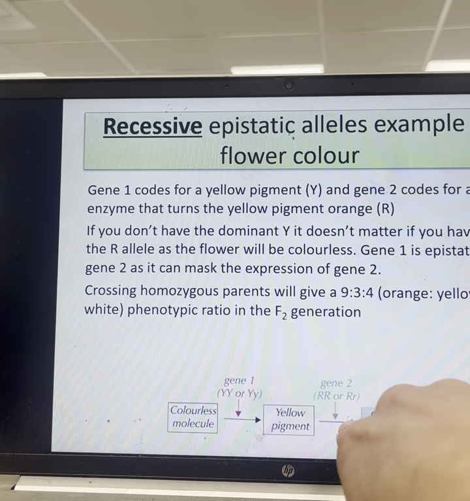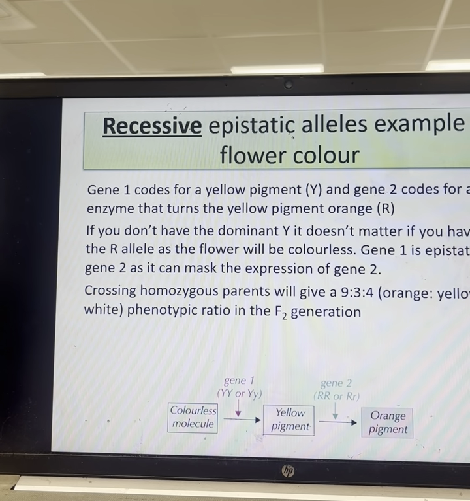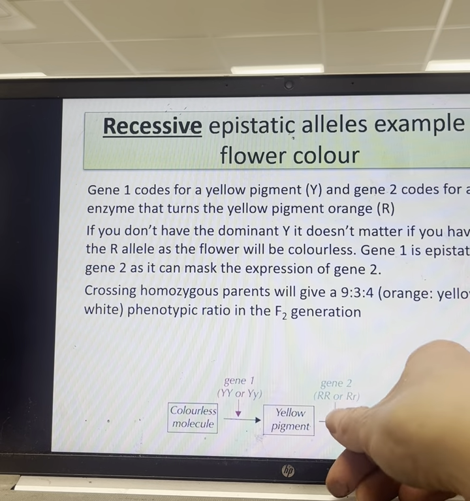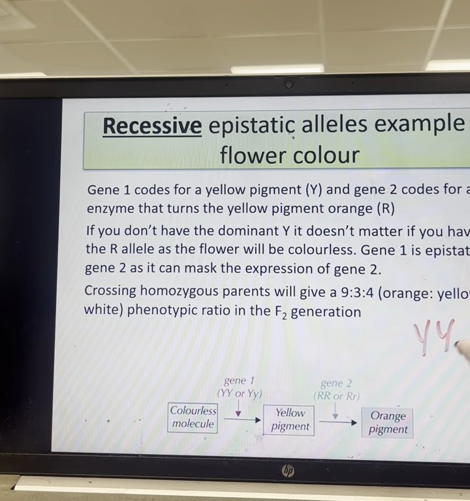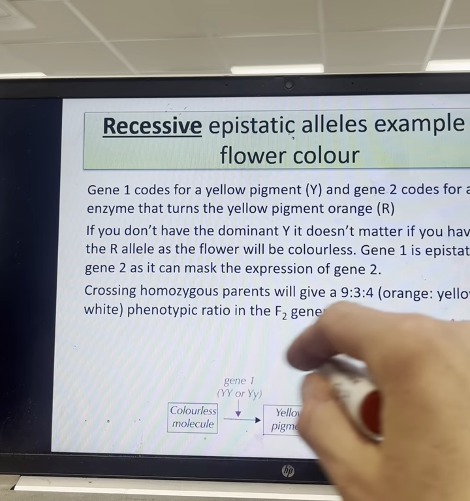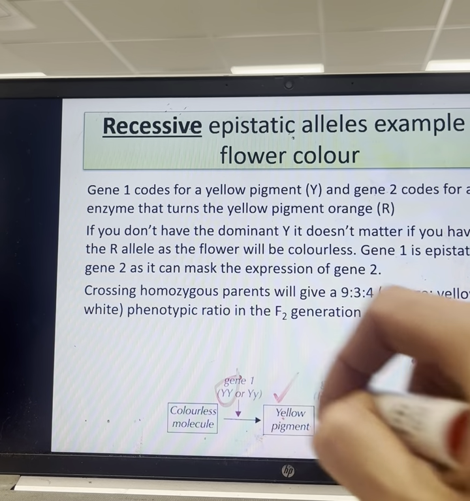However, if there's gene 2, if they've got the dominant allele for that, then it's going to turn it to the orange pigment. So let's say, for example, you had something that was YYRR, okay? If we start here, they've got dominant Y, which means, yes, they're going to be able to have yellow pigment.